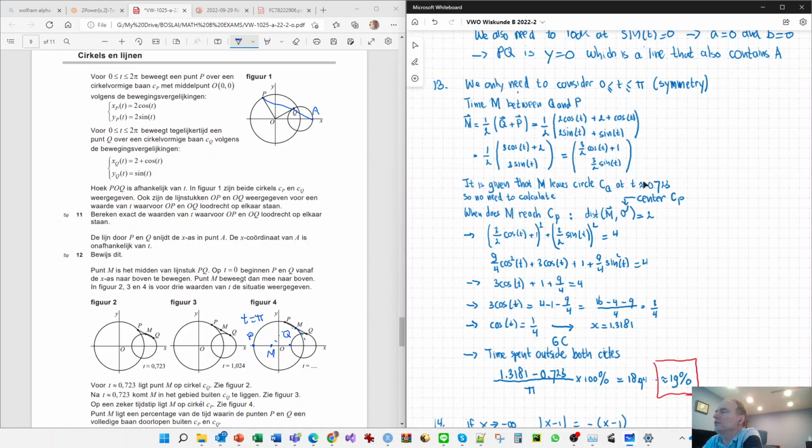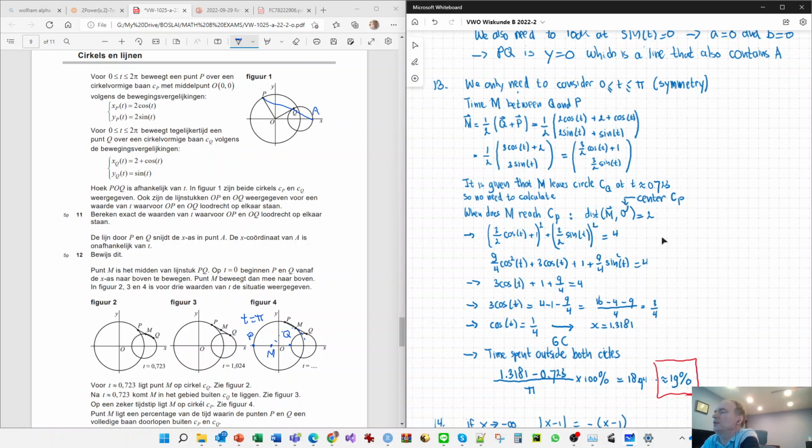So it leaves the circle at this time here. We don't need to calculate that, since they already give it, which is good. But we still need to calculate when it enters the circle P. How do we know that? It happens as soon as the distance between M and the origin, which is the center of CP, is 2, the radius of that circle.